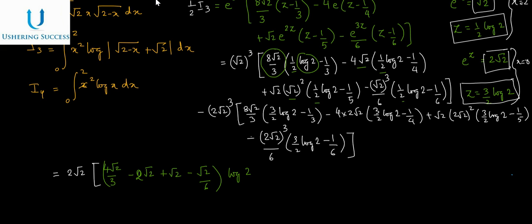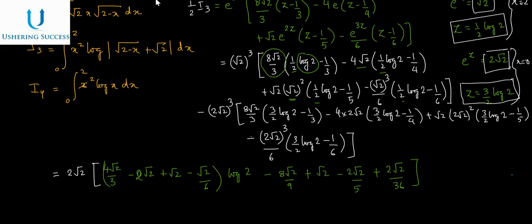So I have 8 root 2 by 3 into minus 1/3, so minus 8 root 2 by 9, and then I have 4 root 2 into minus 1/4 with the negative sign in front, so that becomes plus 4 root 2 into 1 by 4 becomes root 2, and then I have 2 root 2 into minus 1 by 5, so minus 2 root 2 over 5, and then I have plus 2 root 2 divided by 6 into 6, so 2 root 2 by 36.